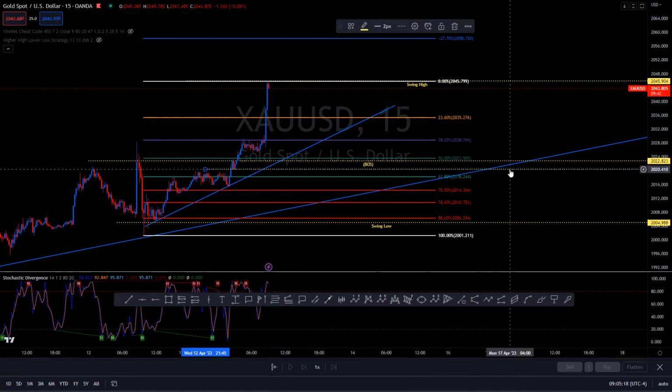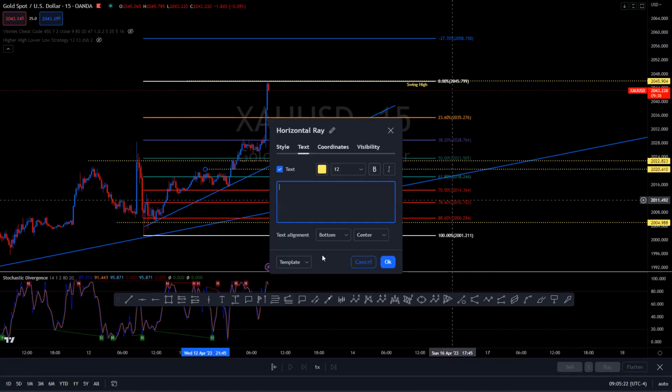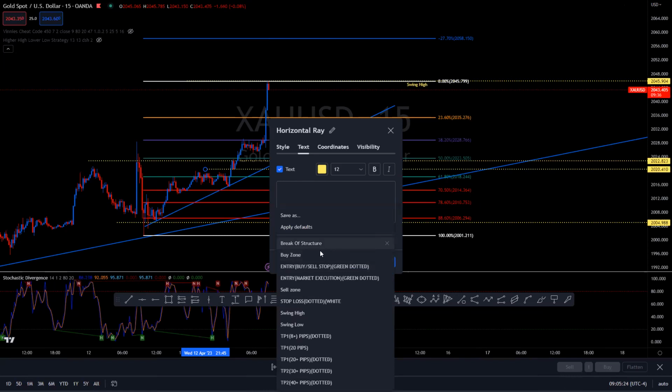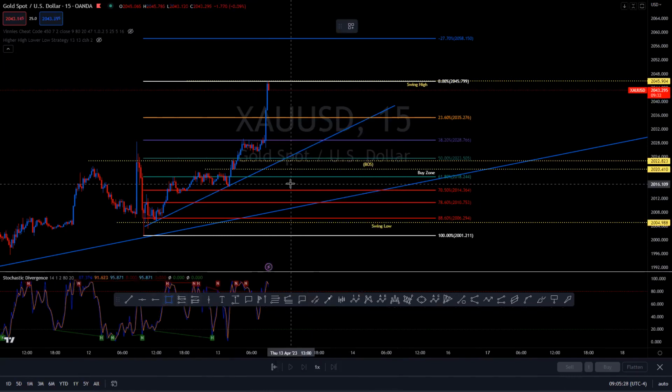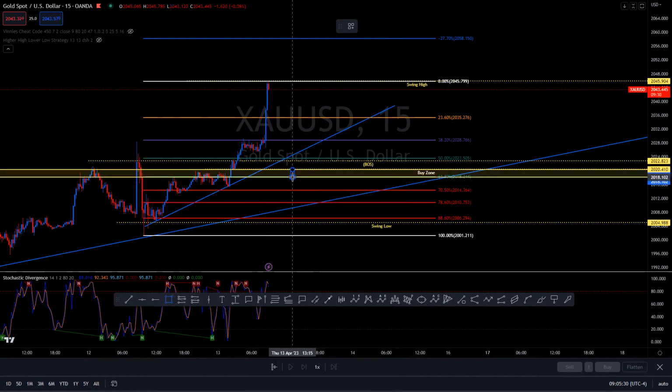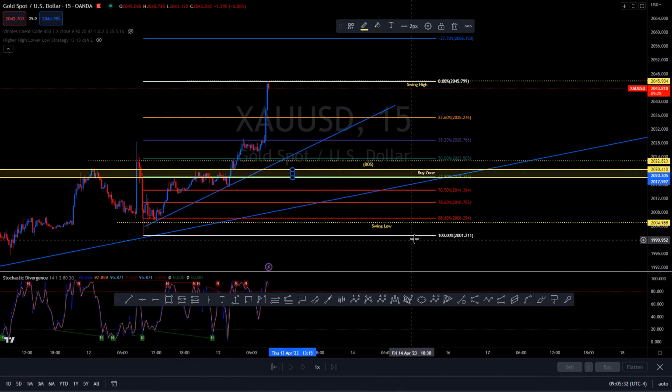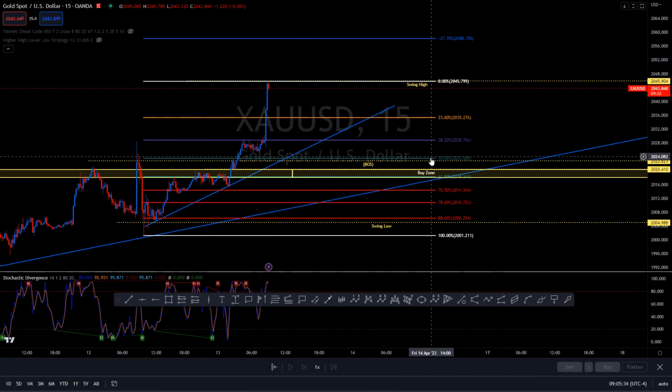So what we're expecting price to do, let me actually label this. This is going to be our buy zone. Okay. Then we're going to draw a zone right up under it. All right. So this is what we're expecting price to do, or at least this is what I'm thinking price is going to do.